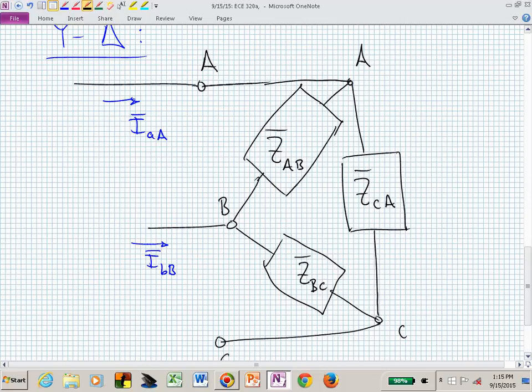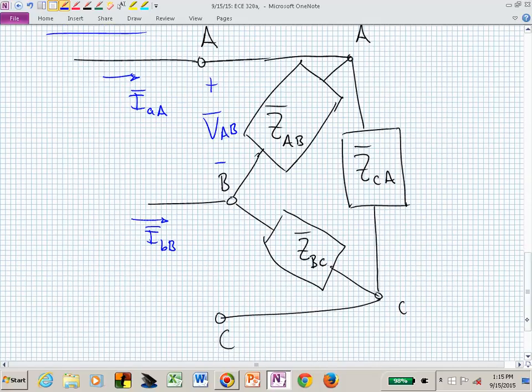Meaning now we would have that voltage drop from terminal capital A to terminal capital B. If you had to compute the complex power in the A phase of the load, could you do it with the information given so far?